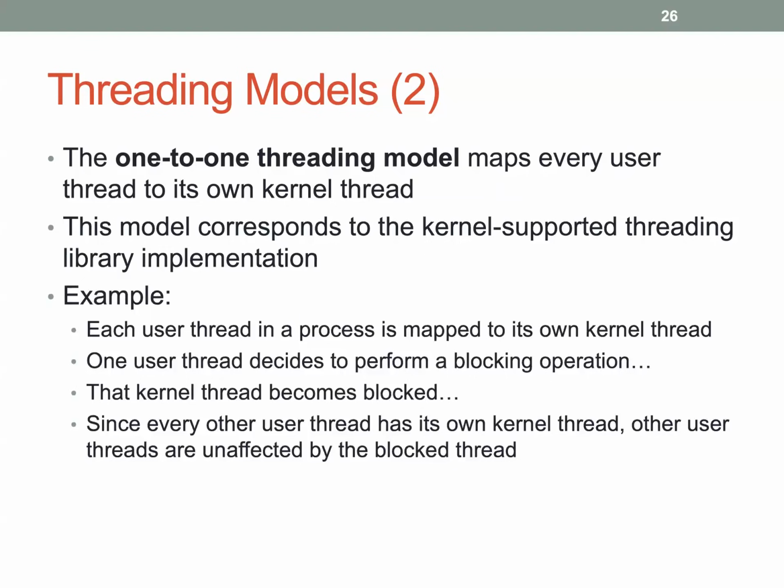A single user thread in a process can make a blocking call. That corresponding kernel thread becomes blocked, but other user threads are able to proceed in the same program because their corresponding kernel threads are able to continue executing. They don't become blocked. I hope this makes sense.